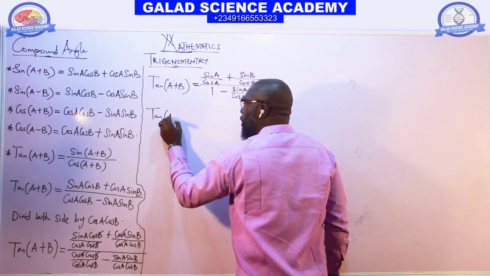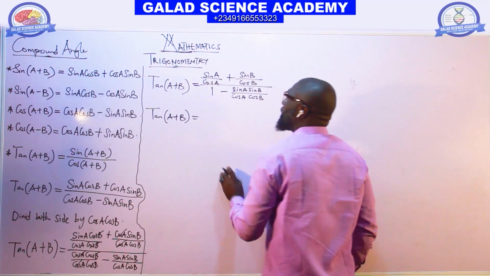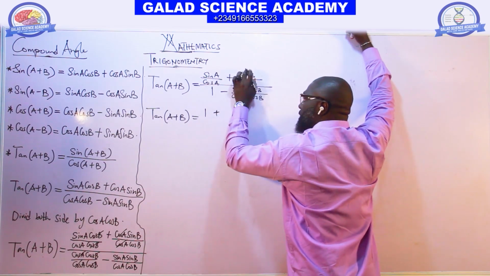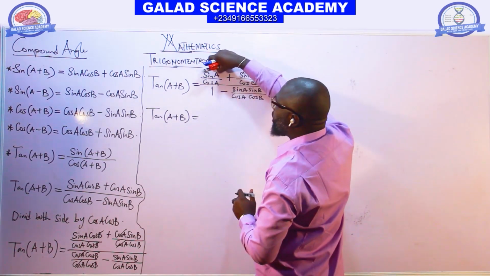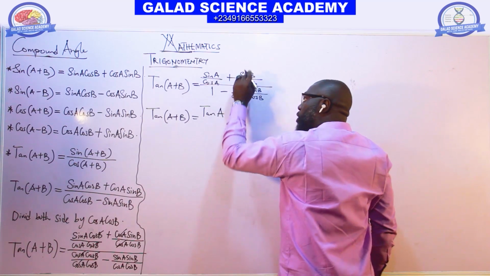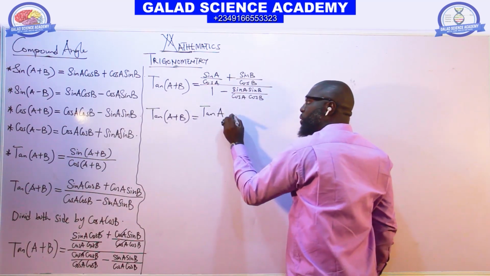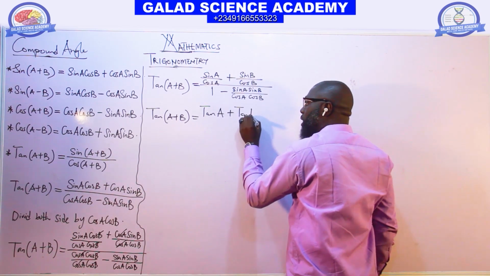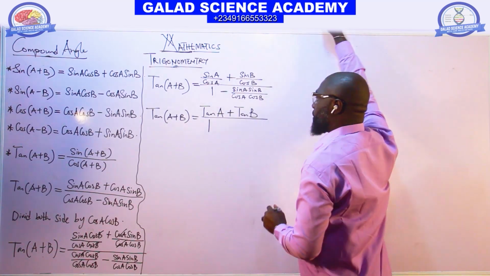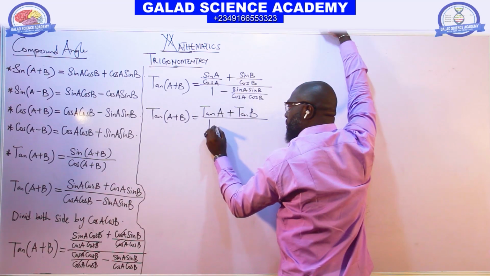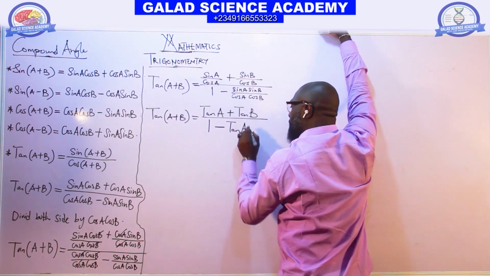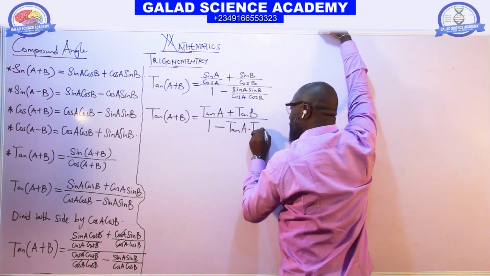So you now have tan of A plus B will be sine A over cos A, which we know is tan A, plus sine B over cos B, which will also give us tan B. We now have 1 minus tan A dot tan B below.